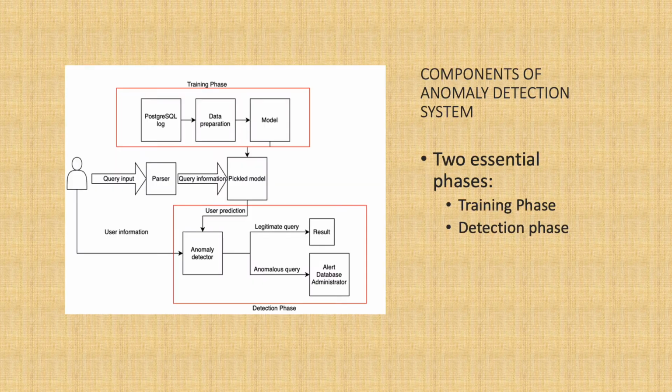Hey, this is the architecture of our anomaly detector system, and our architecture is comprised of several components and phases. We mainly have two phases: the training phase and the detection phase. In the training phase, we collect the log history and then pre-process the data.